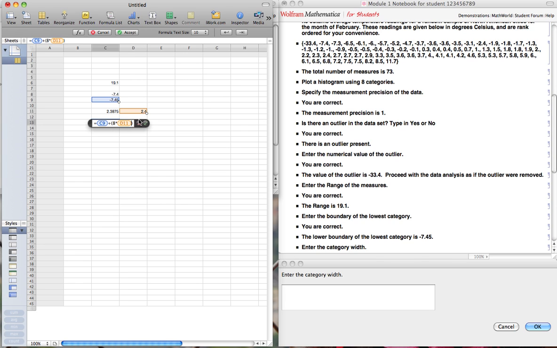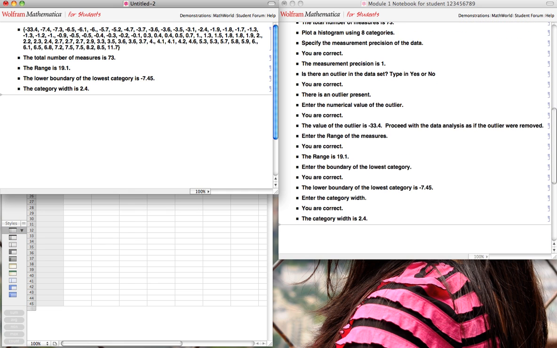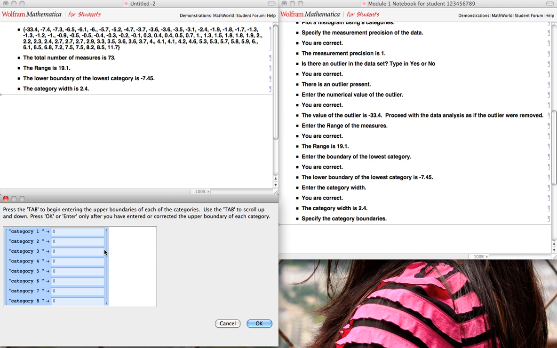Okay, so 11.75. This is higher than the highest number in my data set, so that will suffice as the category width. So 2.4 is fine. Specify the category boundaries.